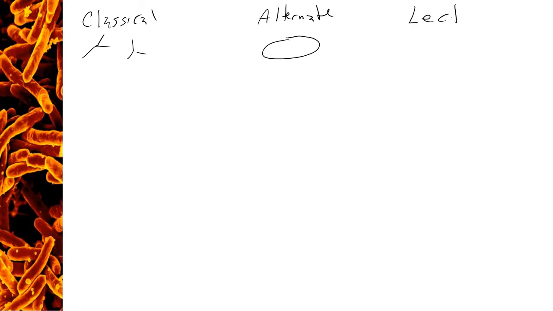So remember, there's 3 ways we can activate the complement pathway. There's the classical, which is going to be activated by antibodies, these little Y-shaped proteins. There's the alternative, which is going to be activated by the bacteria themselves. And then there's lectin, which is going to be activated by lectin molecules bound to the surface of the bacterial cell.